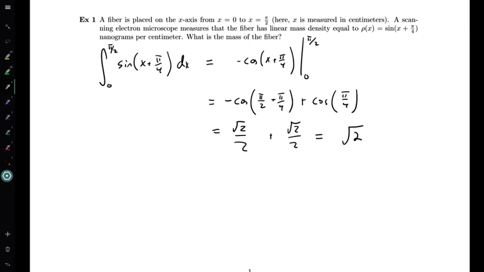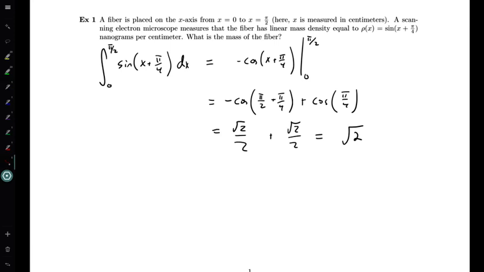Now, since this problem has some kind of context, we need to actually think about what the units of square root of 2 are. It certainly makes a difference if this is measured in kilograms versus micrograms. So we're going to go back and look at the units of our variables here.